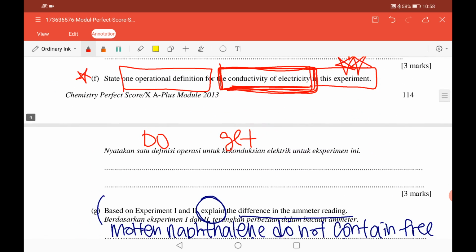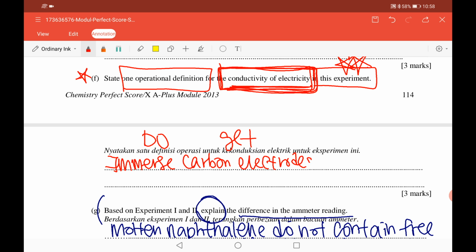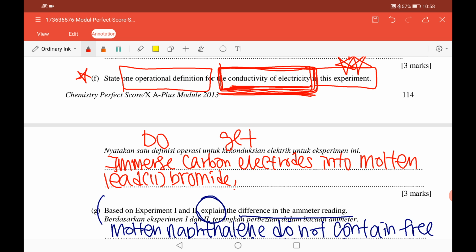So what we do is immerse carbon electrodes into molten lead bromide. That is what we do to get the conductivity of electricity. So what is the result?